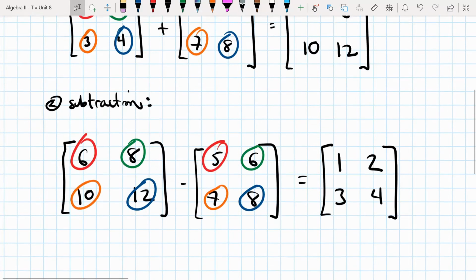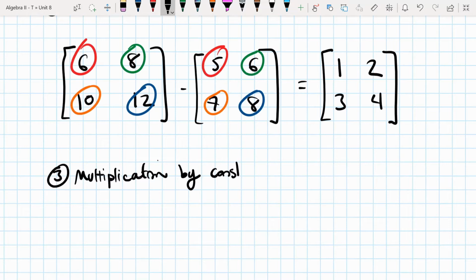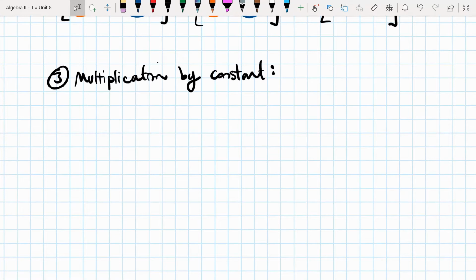What happens if we multiply by a constant? So multiplication by a constant. A constant just means it's a number. We're multiplying a matrix by a number. So let's say we have a 3 by 2 matrix. Let's say 2, 1, 3, 4, 8, 1.